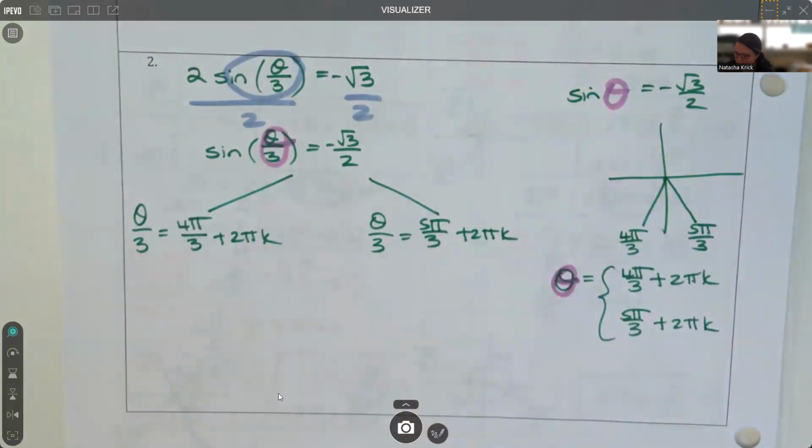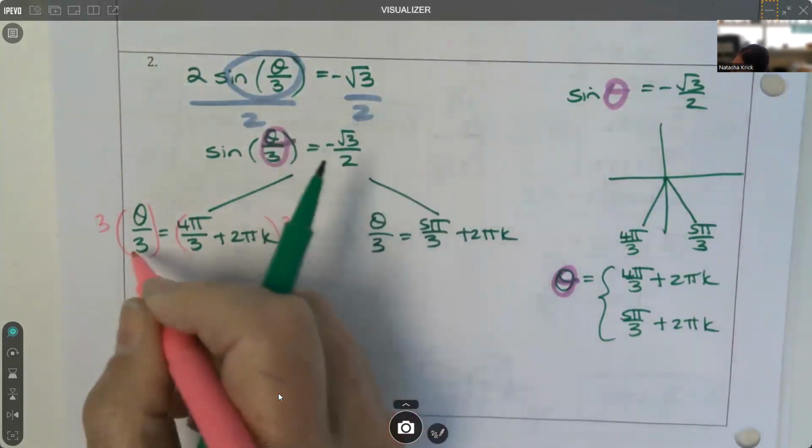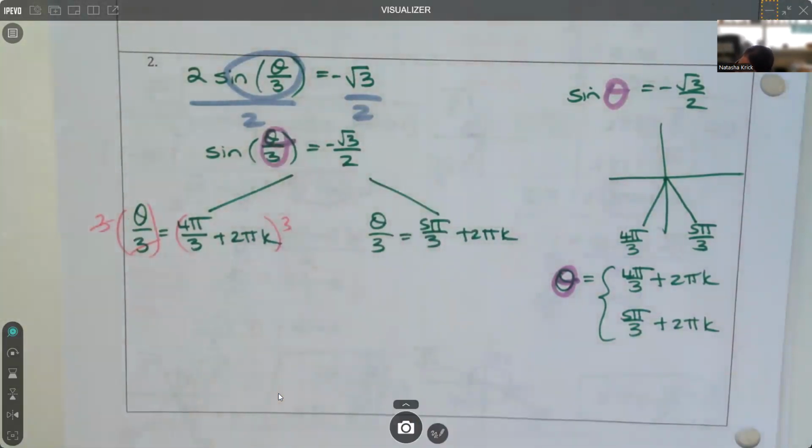And then once you've set up those two separate equations, now you're going to try and get theta by itself. If theta is divided by 3, to solve it I'm going to multiply by 3. So those two 3's would cancel. I'm going to get theta equals, this 3 is going to get distributed to both of those things.